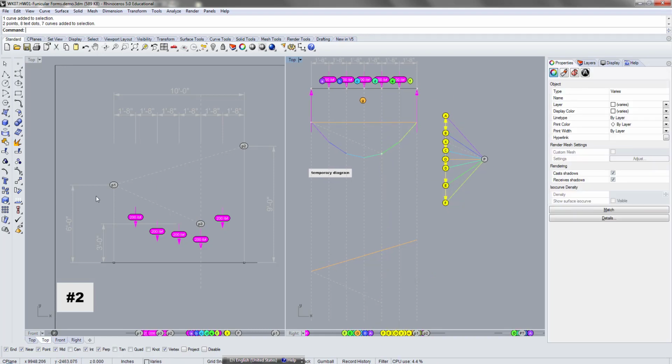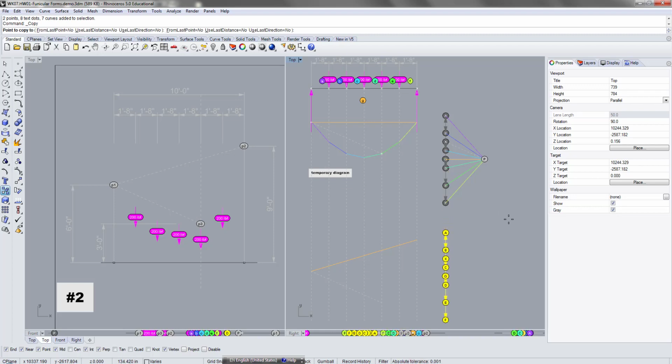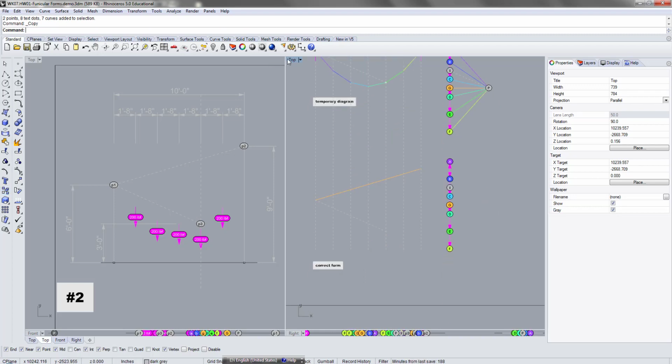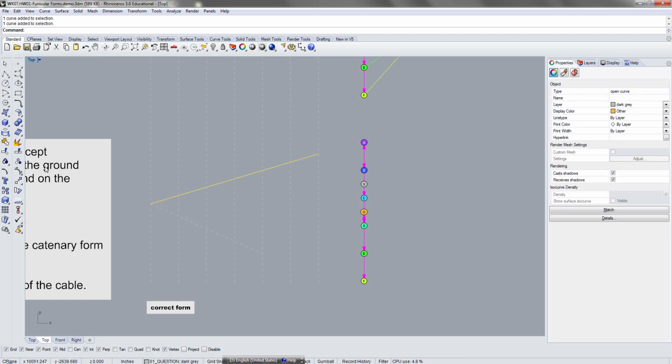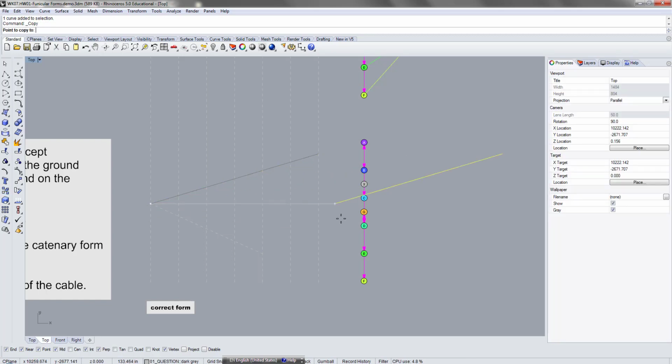So now I am going to copy these vertical forces that are already mapped. Point X actually doesn't move either because the criteria hasn't changed. So again, the same thing.